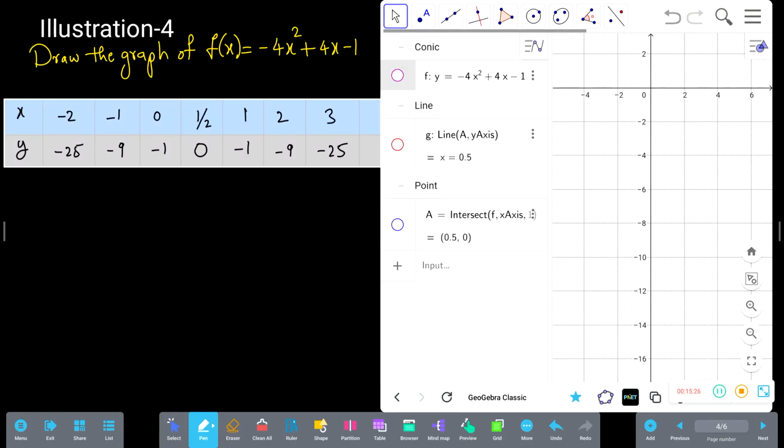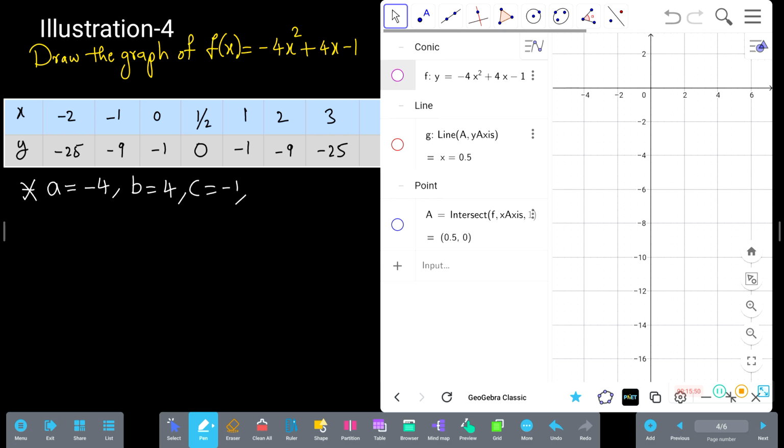The fourth illustration, draw the graph of f of x equal to minus 4x square plus 4x minus 1. Here if we try to write the values of a, b, c, what is a? Minus 4, what is b? 4, and c is minus 1.